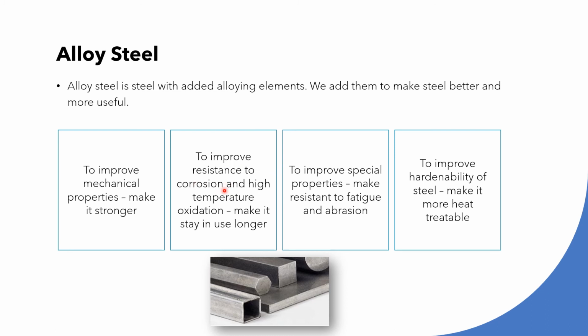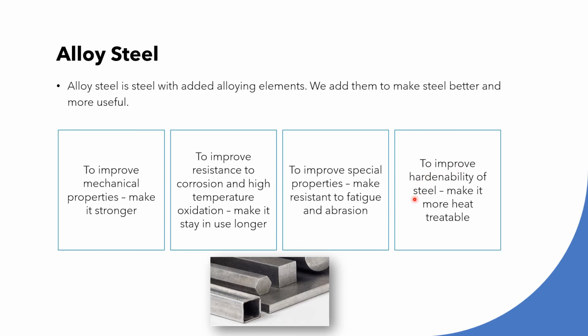We also want resistance to corrosion, resistance to high temperature, and resistance to oxidation. So what are we improving? We're making it stay in use longer. For special properties, we're making steel resistant to stress, fatigue, and abrasion.